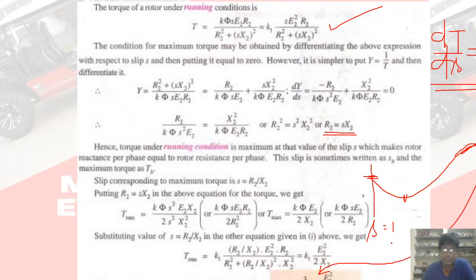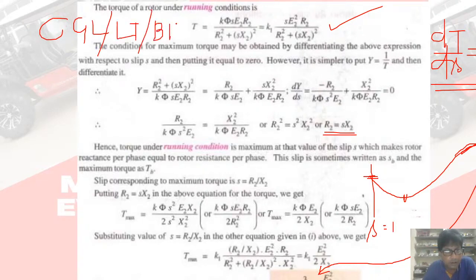This you can check practically. You can go to the CGL or L&T or BHEL websites, and there you go to electrical machines. You will get the data sheet. From those data sheets you can get all the electrical parameters.